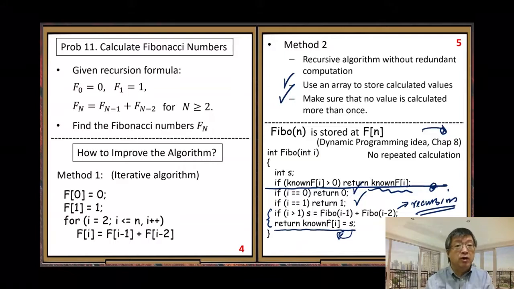There is a name for it, called a dictionary. In dynamic programming, we use a special terminology, a dictionary, for temporary storage.